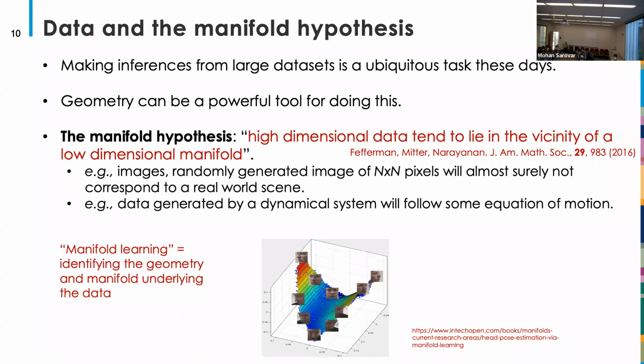This is the classic example of this, where these are pictures of somebody's face at different poses. They're looking away from the camera, looking down, looking directly at the camera. And if you plot the underlying manifold that these pictures lie on, it's actually just a three-dimensional surface, but actually a two-dimensional manifold. So all the faces looking this way or over here, all the faces looking this way or over here, looking down.